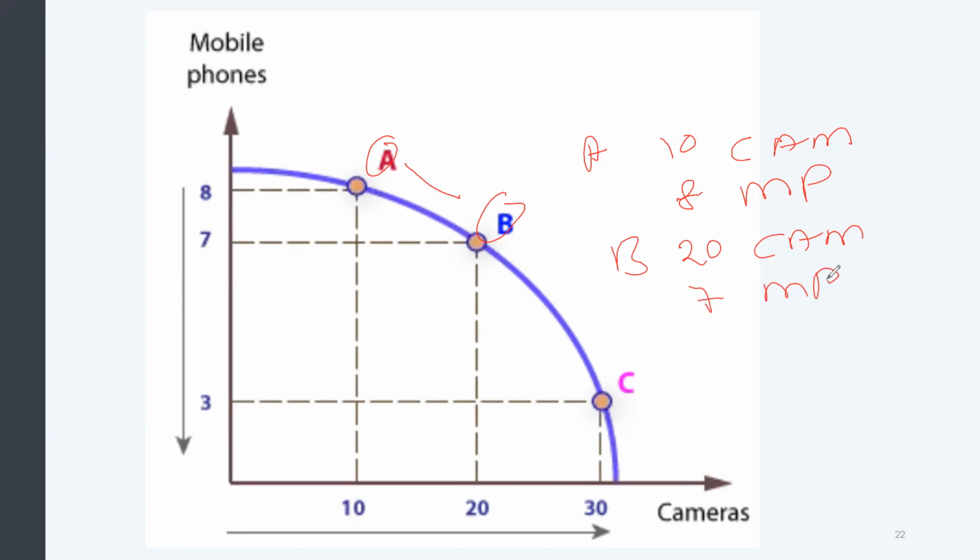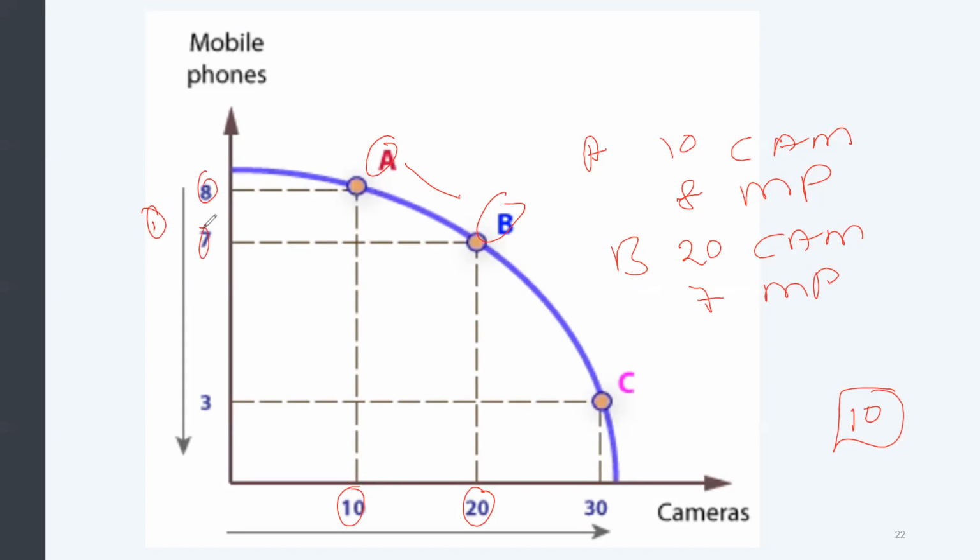Which means that for me to gain the cameras, because remember, I moved from 10 cameras to 20 cameras, so for me to gain 10 cameras, what did I have to lose? What did I have to forgo? I had to forgo 1 mobile phone, from 8 to 7. So that's how you calculate the opportunity cost.